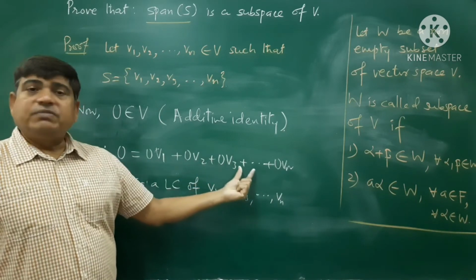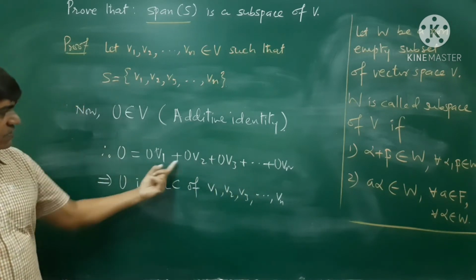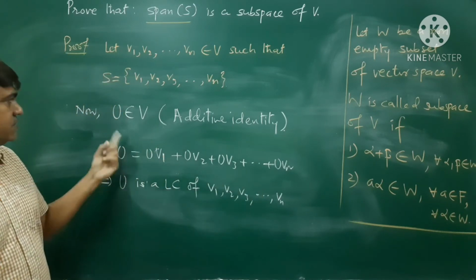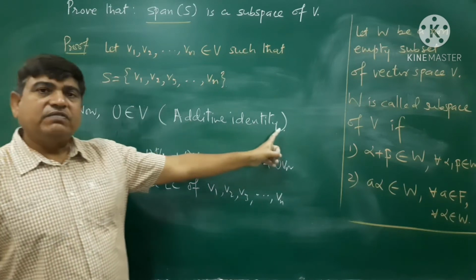Here C1, C2 up to Cn, these are the scalars, that is 0. Remember, it looks like 0, but it is the additive identity element.